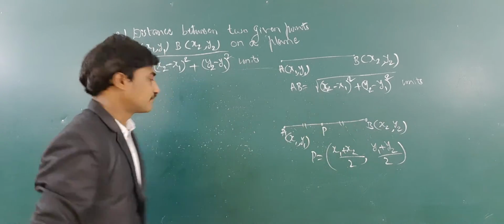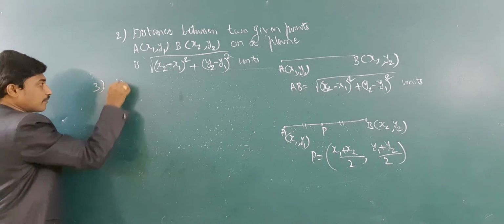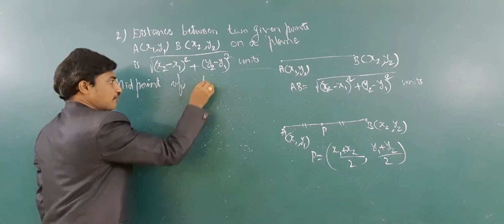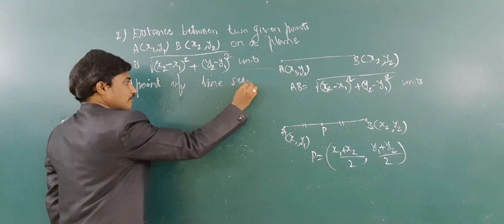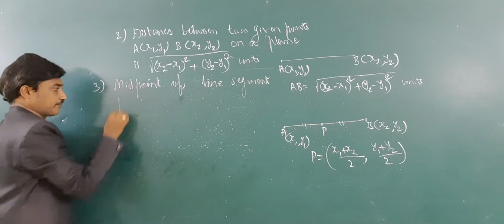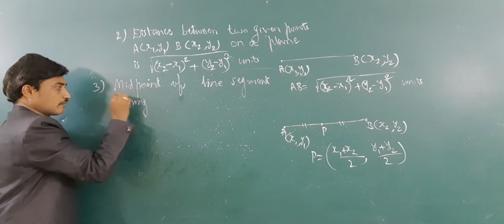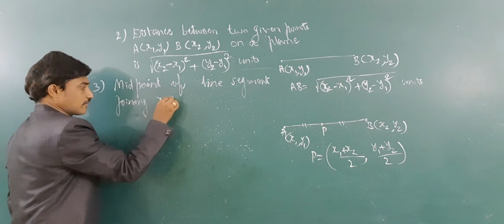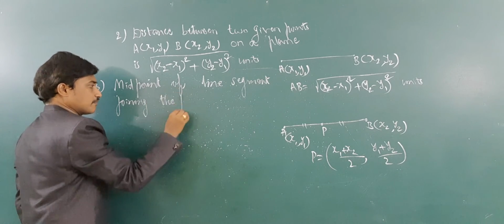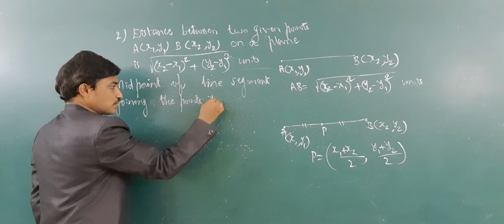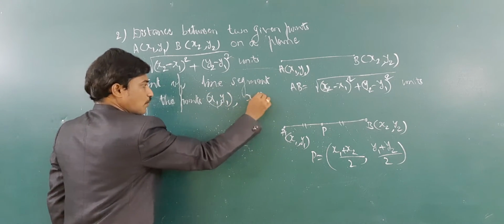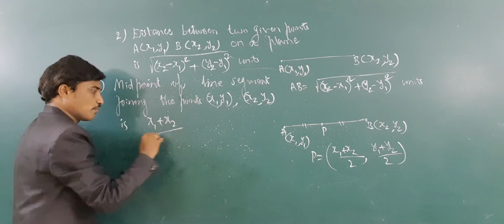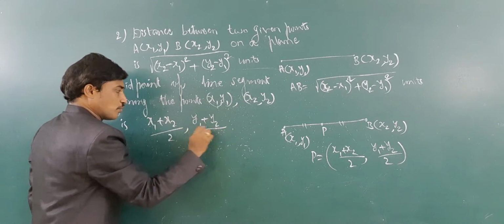The midpoint of the line segment joining the points A (x1, y1) and B (x2, y2) is (x1 plus x2 by 2, y1 plus y2 by 2).